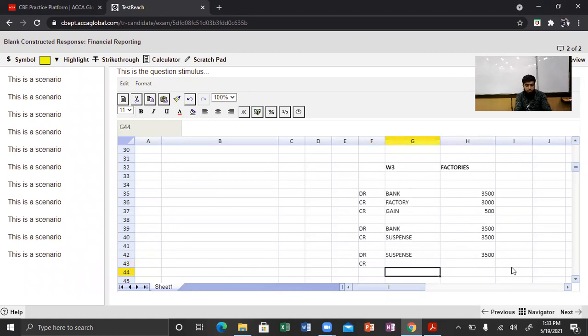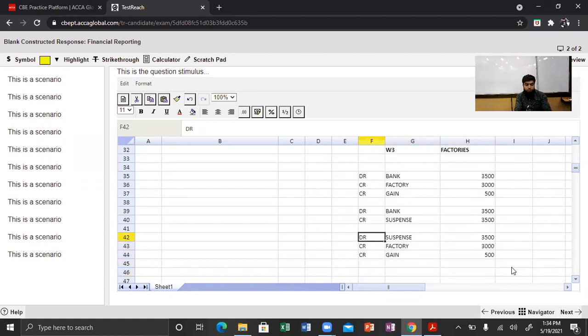Let's credit the factory, as it is not credited yet, with 3,000, and let's credit the gain on disposal with the amount of 500. So that is the original entry that should have been recorded, adjusted and accounted for, but it is unfortunately not yet accounted for. So let's account for this one.